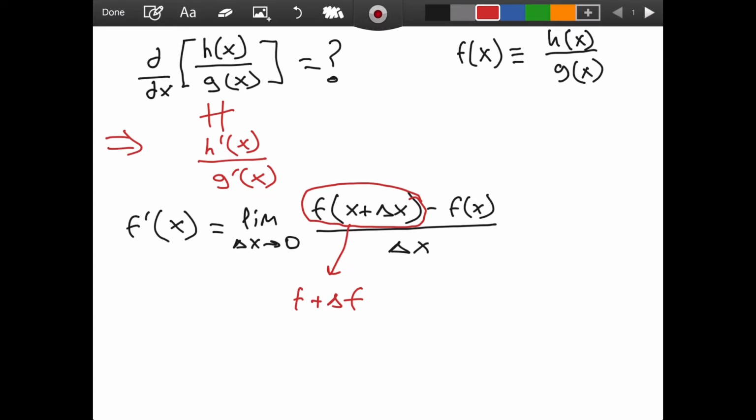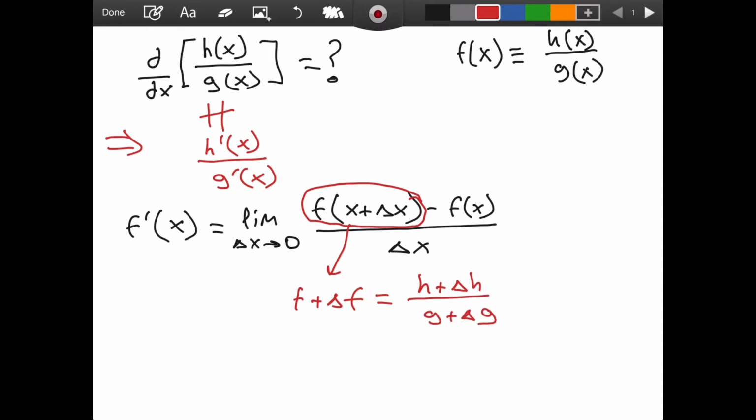And if we want to express it in terms of h and g, because remember, f was not given, we defined it, so we should convert everything to h and g's. So if we think of this in terms of h and g, it will simply be h plus the change in h divided by g plus the change in g.